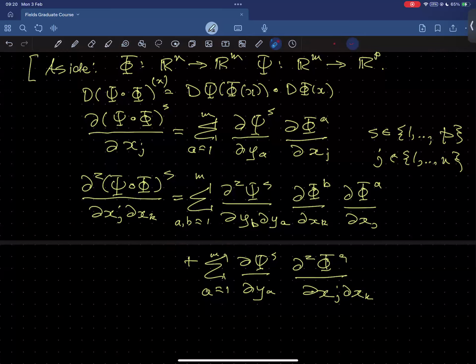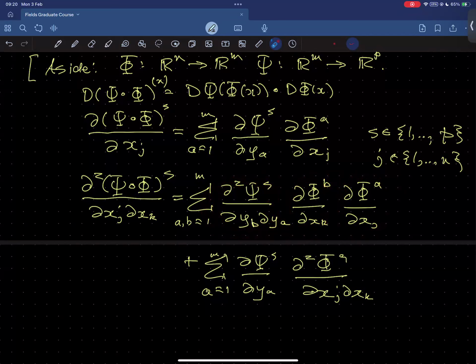Then you fix this and differentiate that, so that's a second derivative of this thing and a second derivative of this thing. Then you fix this and differentiate that, and again you get a second derivative of this and a second derivative of this.